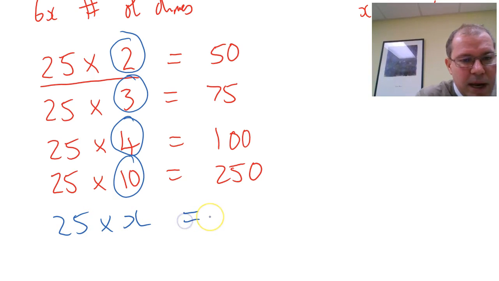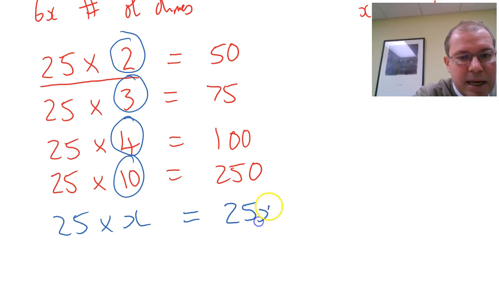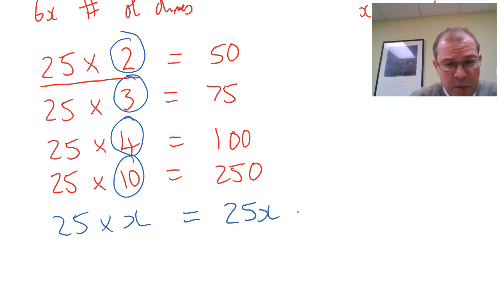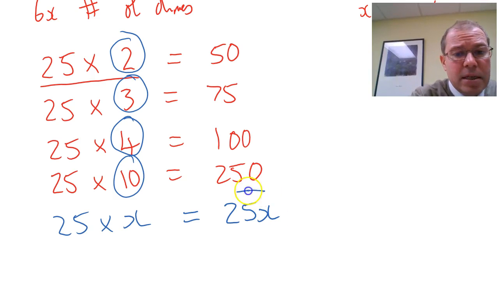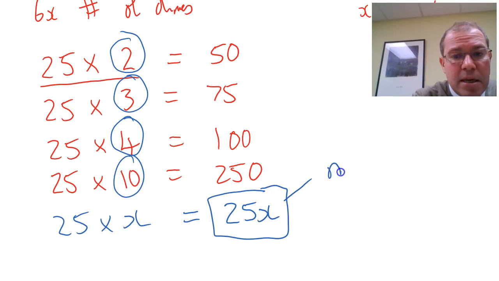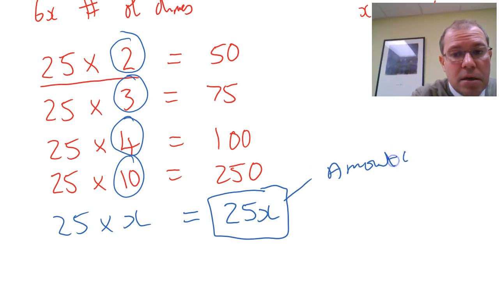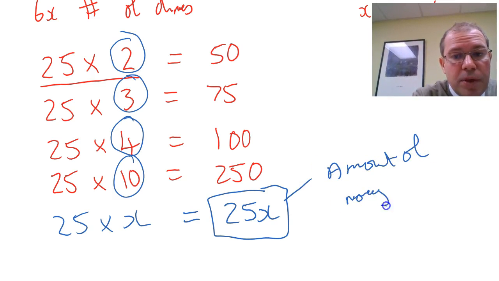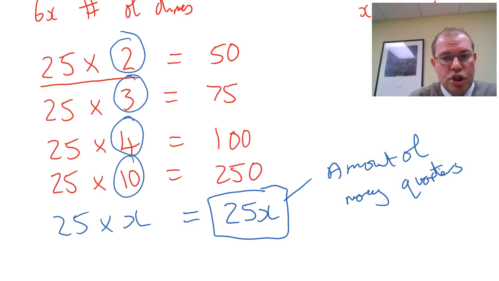And a nicer way of writing 25 times x, of course, we don't need the multiplied sign, is 25x. So 25x represents the amount of money with the quarters. That's how much money Emily has just in quarters. She's got 25 times the number of quarters, which is x.